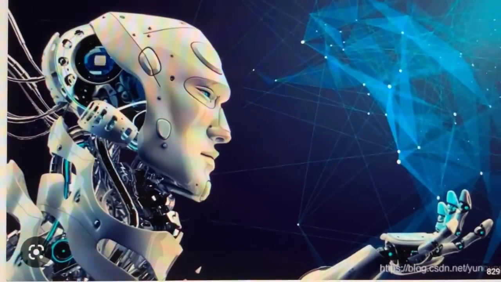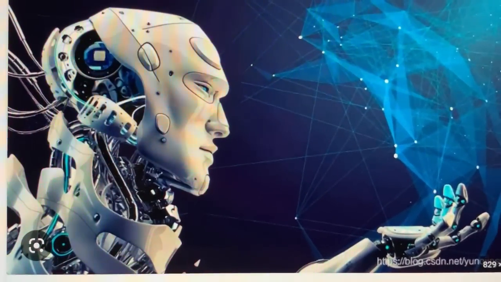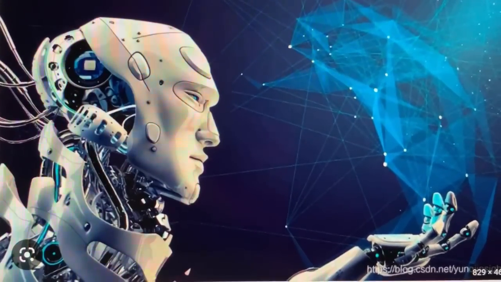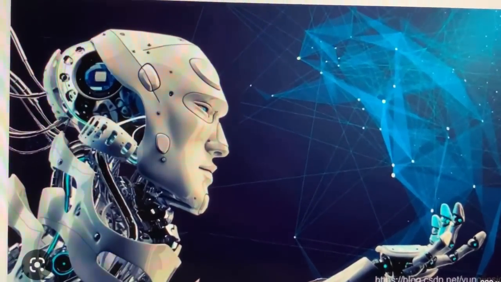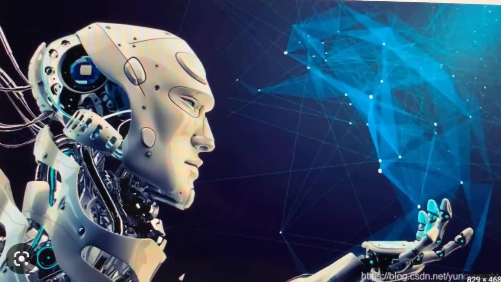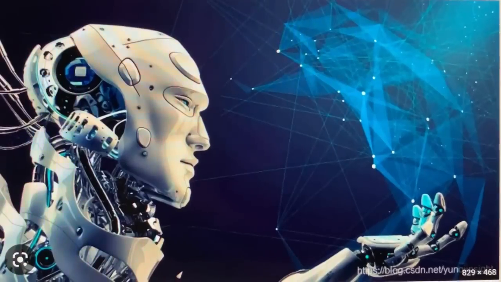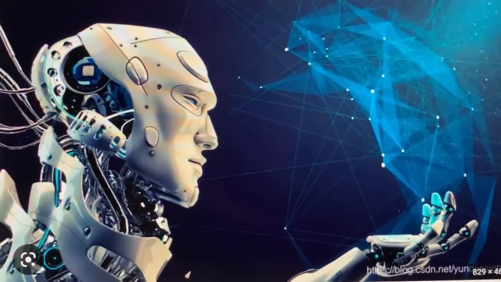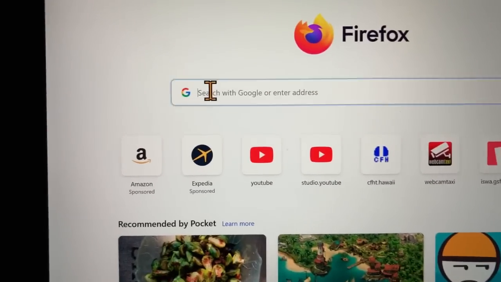Y'all, do you know that there is a series, a book out there? It really speaks about how AI, it's a fantasy, a really graphic fantasy, destroyed humanity, wiped it out.